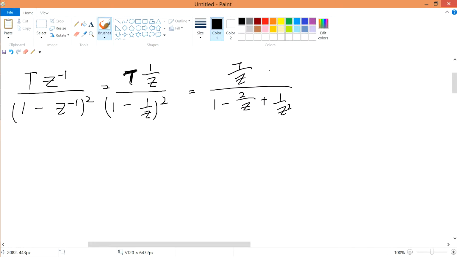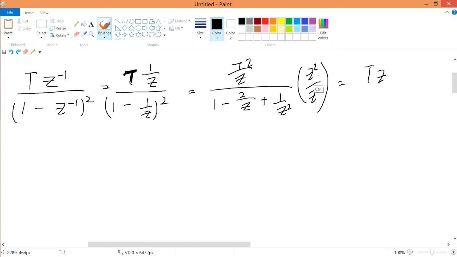Now I can simply multiply by z squared over z squared, because I want to rearrange stuff. z squared over z squared is just 1. So after rearranging, z squared times T over z, what do you have? You'll have Tz, because Tz squared over z, if you cancel, you have Tz over here.